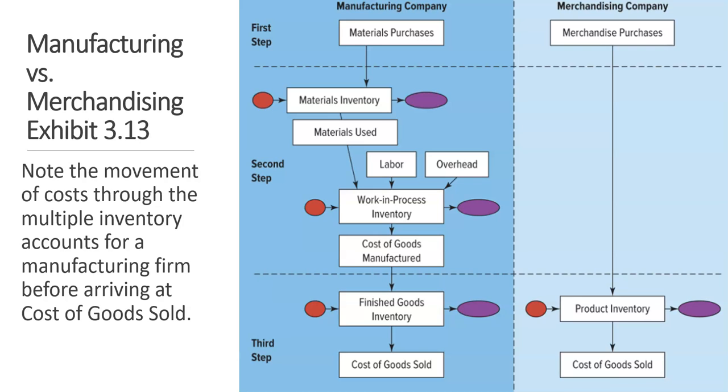Then we requisition those materials into production. We add materials to our production, labor and overhead to start creating work in process inventory. When work in process inventory is finished, we transfer that to finished goods inventory. When finished goods inventory is sold, it becomes an expense on our income statement. That is cost of goods sold.